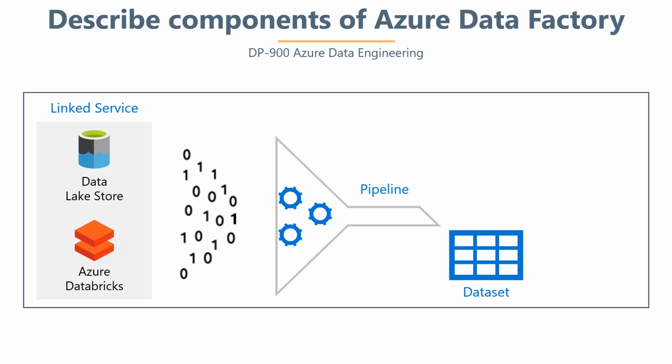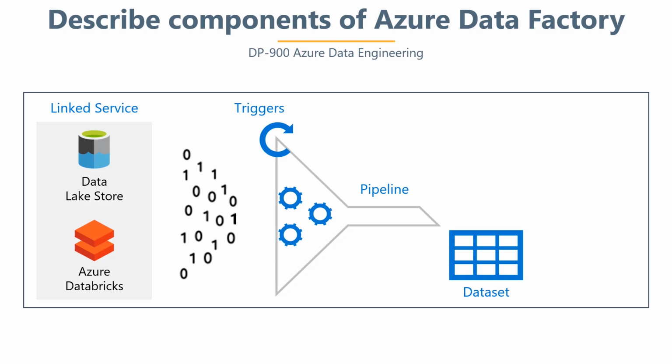So these four words, pipeline, dataset, activities, and linked services, are the most important four words for you if you want to understand the basics of Azure Data Factory. The pipeline is going to get triggered by different kinds of events, or maybe you can do a manual trigger of execution. The moment the pipeline gets executed, the data transformation will happen.